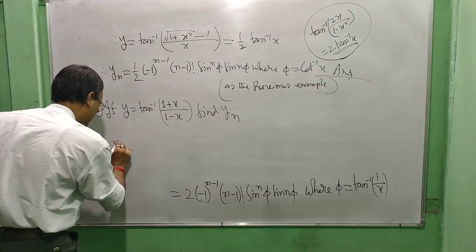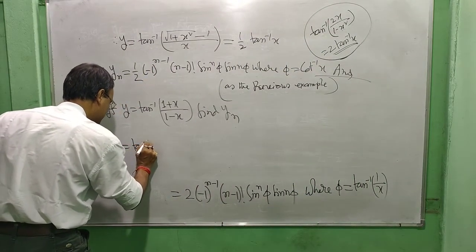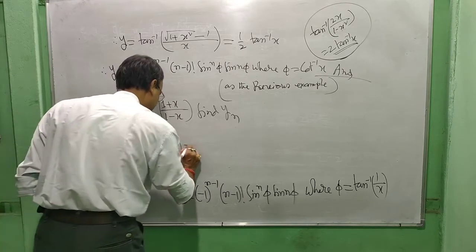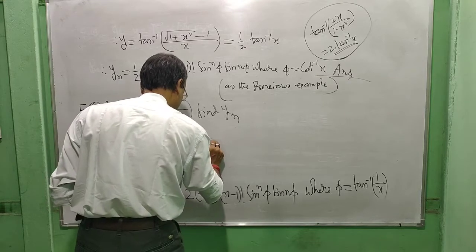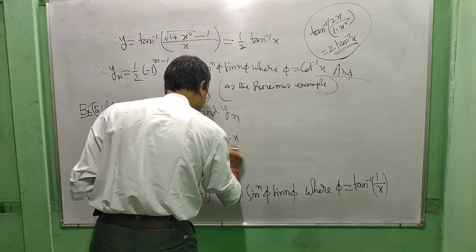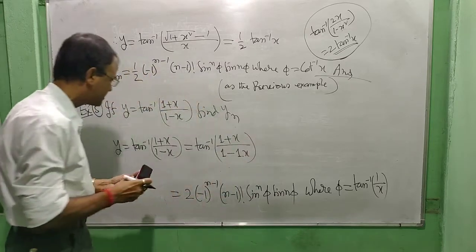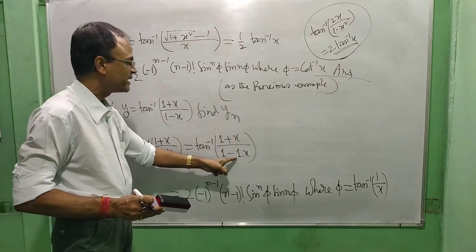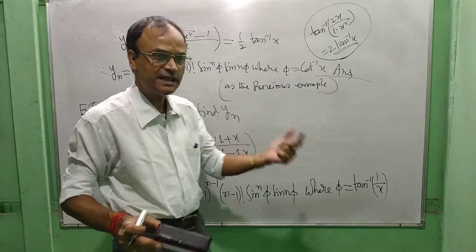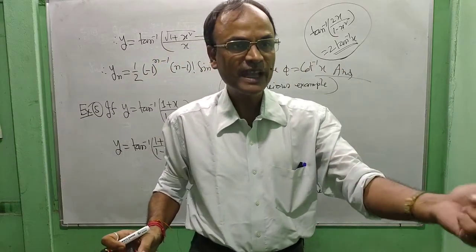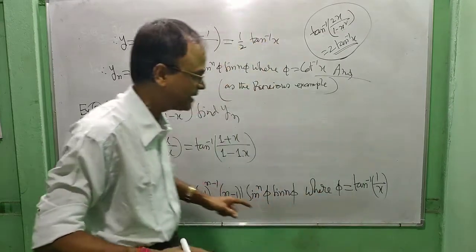Here y equals tan inverse of (1 plus x) divided by (1 minus x). You may write this as tan inverse of (1 plus x) divided by (1 minus 1 into x). Tan inverse a plus tan inverse b is equal to tan inverse of (a plus b) divided by (1 minus ab).